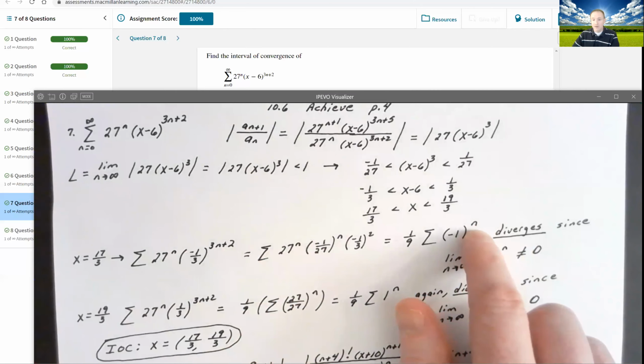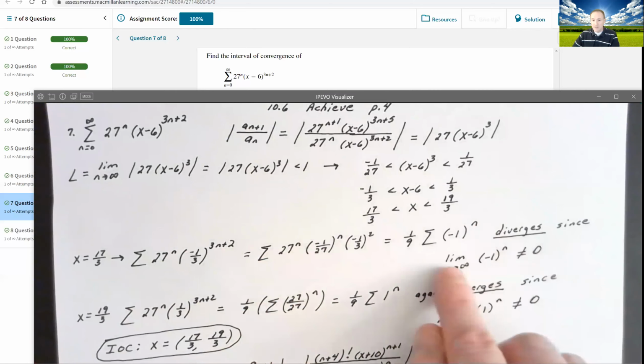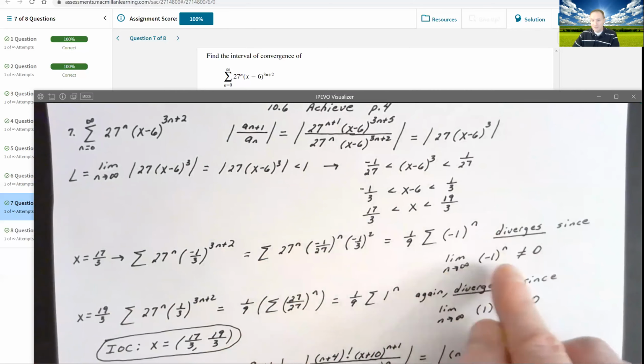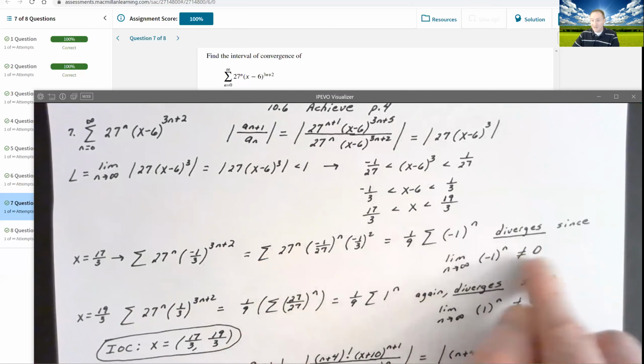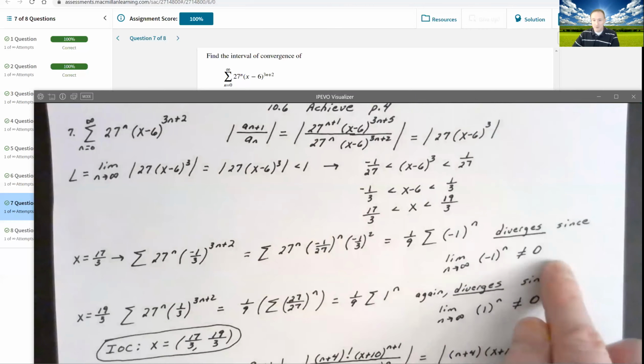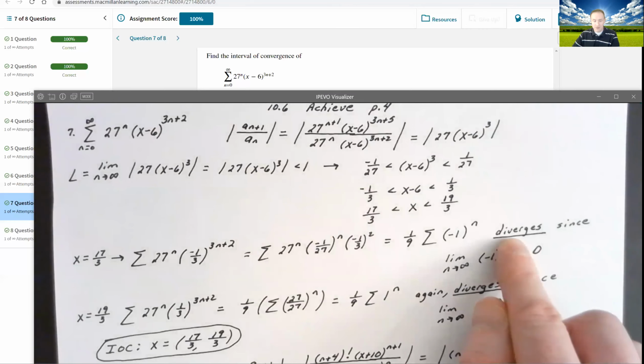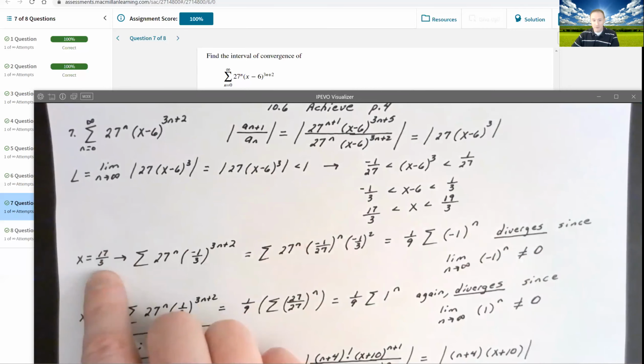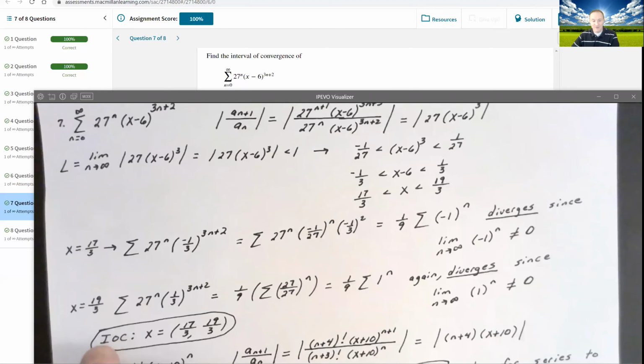No, it doesn't. The reason it diverges is because of the test for divergence: the limit as n approaches infinity of the general term doesn't go to 0. It's constantly either -1 or 1, -1 or 1. Since it doesn't go to 0, that series diverges, which means I cannot include 17/3 in my interval of convergence.